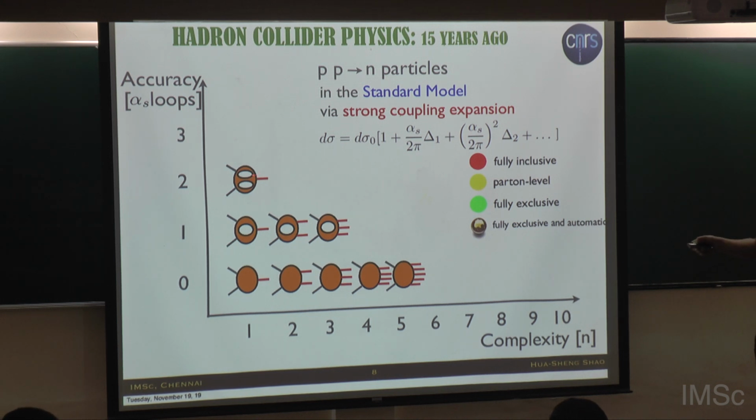So next to leading order in alpha_s is 2 loops. You see that 15 years ago, it was only 2-to-1 processes, like Higgs production or Z production, right?